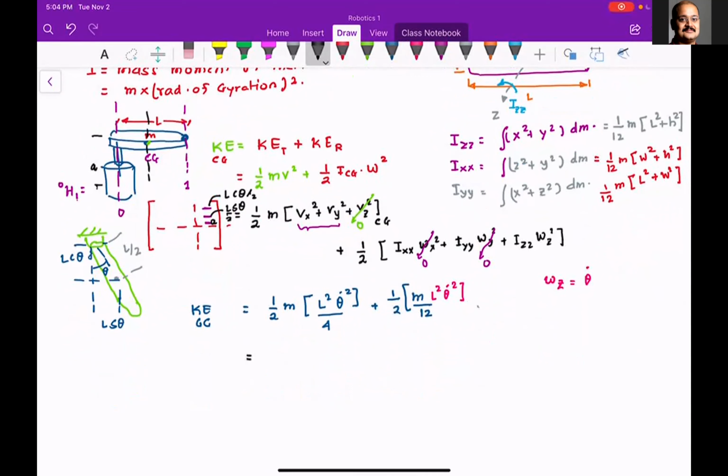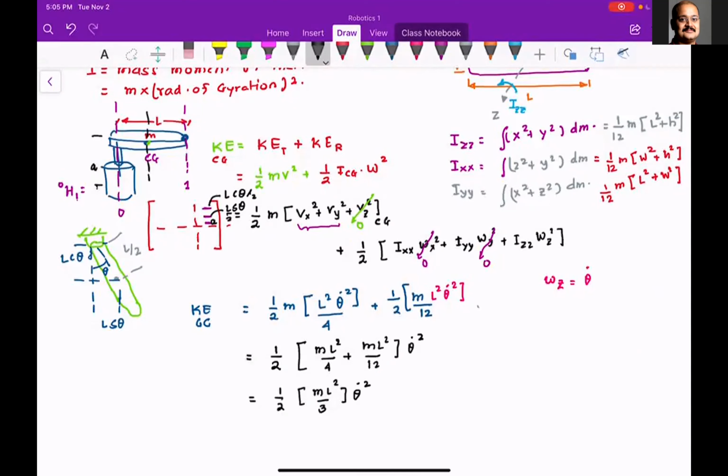Now actually there is lots of stuff going on over here. And what I want to tell you is, if you were to write this equation something like this, 1/2 (m L square by 4 plus m L square by 12) theta dot square, what you get, and this is very important, is 1/2 m L square by 3 theta dot square.